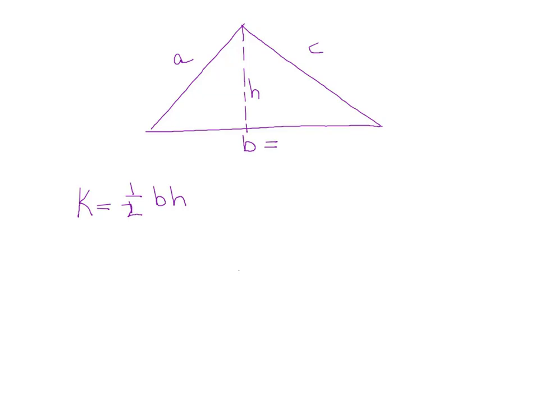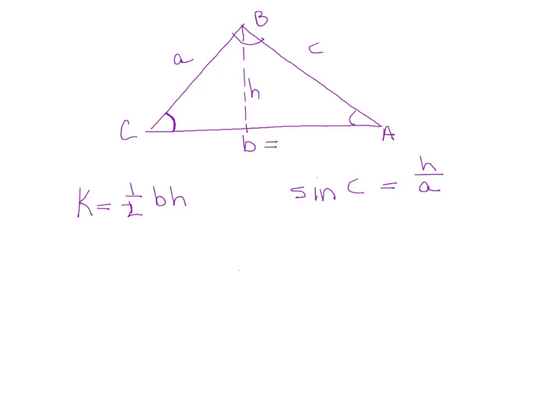But I know this angle. Well, this angle is C, and this angle is A, and this angle is B. So why can't I say that the sine of C is equal to H over A? Right?